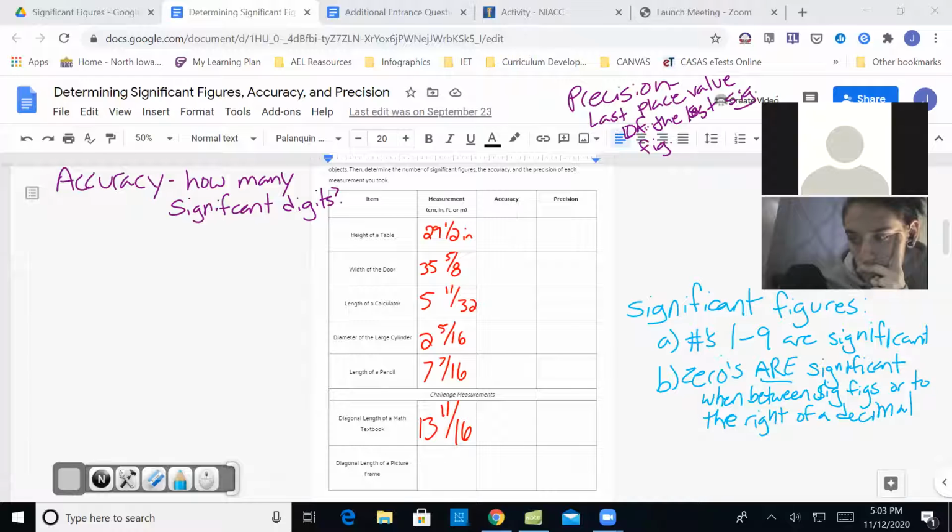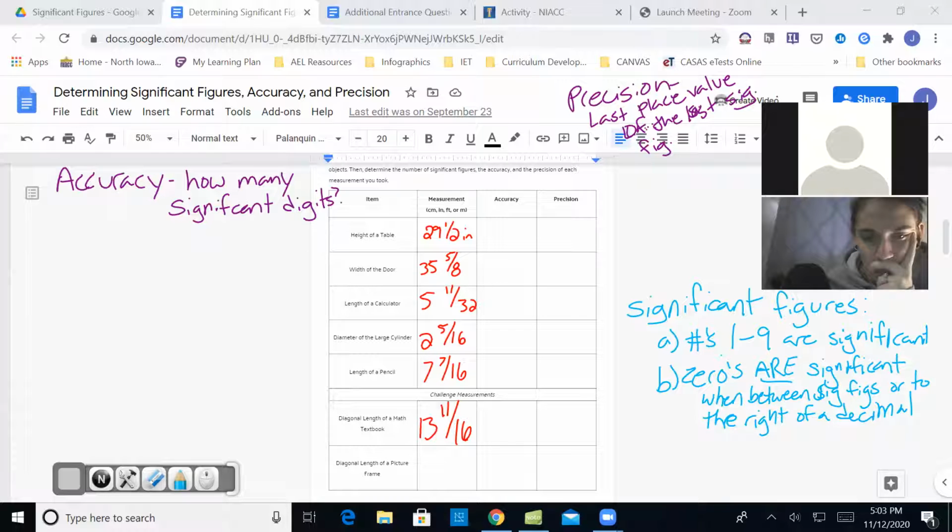So this means numbers like 101. Zeros between two significant figures. 1, 2. We have 3 significant figures.